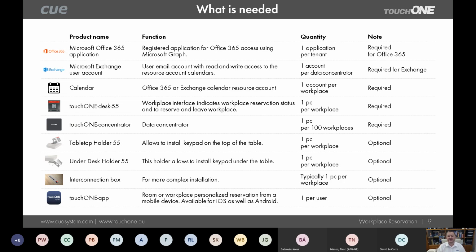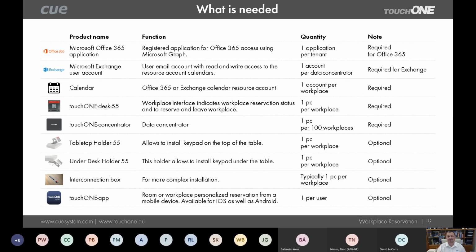First of all, you need Microsoft Office 365, or Microsoft 365, whatever you want to call it, accounts for your workplaces, or alternatively, you can have these accounts on a Microsoft Exchange server in your servers. Then you have calendars for your workplaces. Typically, each workplace needs one dedicated calendar.